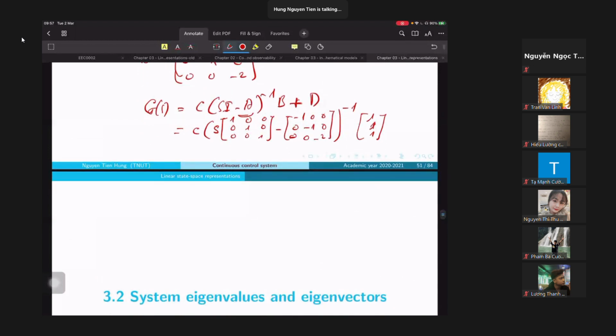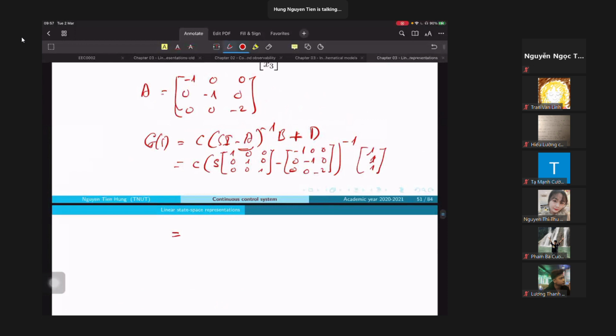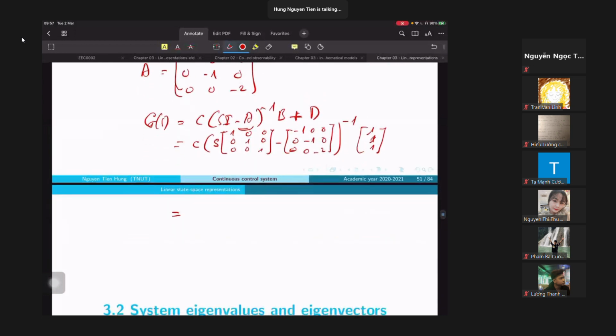If we write this form, it's easy to calculate because C in this case is 2, minus 1, 1.